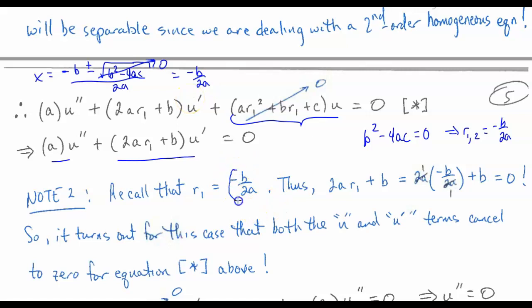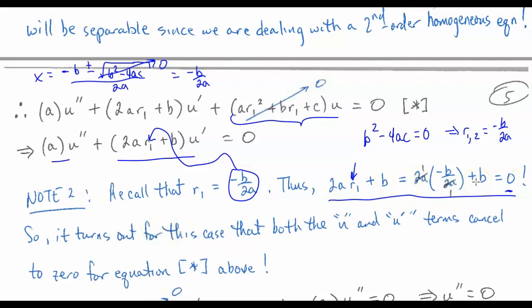And if I was to take this and actually substitute it in for what r sub 1 would be, I would get what you're seeing here. And notice that by substituting in negative b divided by 2a right here for r1, I also end up getting 0.